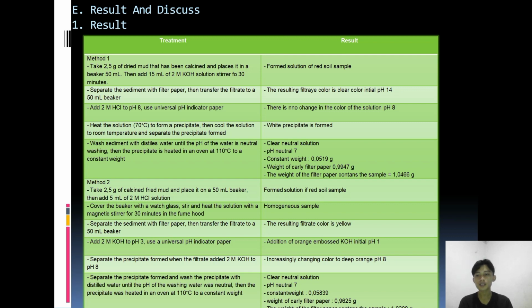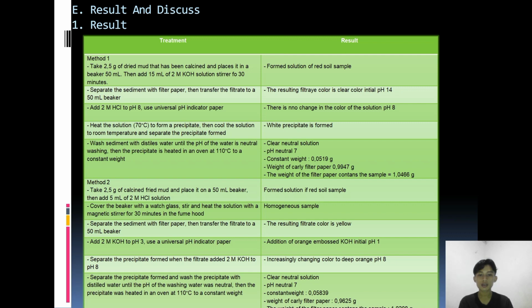And the treatment, next, separate the precipitate that forms and wash the precipitate with distilled water until the pH of the washing water is neutral. Then the precipitate was heated in an oven at 110 Celsius to a constant weight.